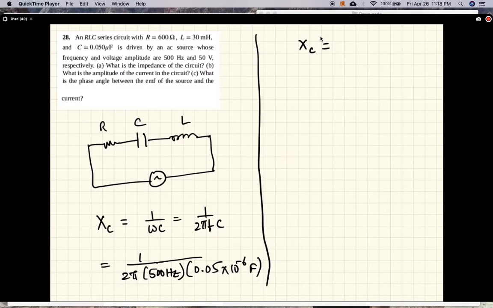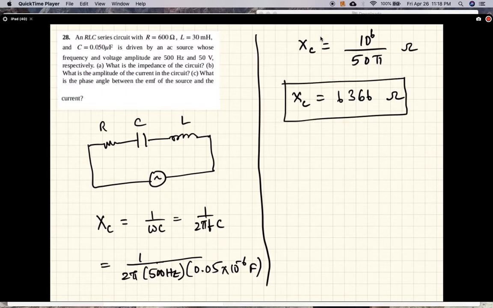So this is 10 to the power 6 over 50 pi ohms, and this is equal to 6,366 ohms.